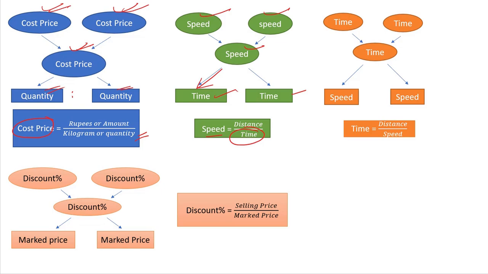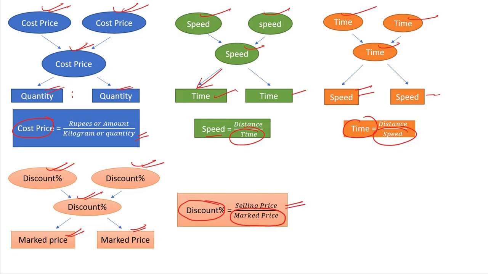And with time, we have the speed ratio, because time is calculated upon speed. Similarly, we have discount percent, and then the mark price, because discount percent is calculated upon mark price.